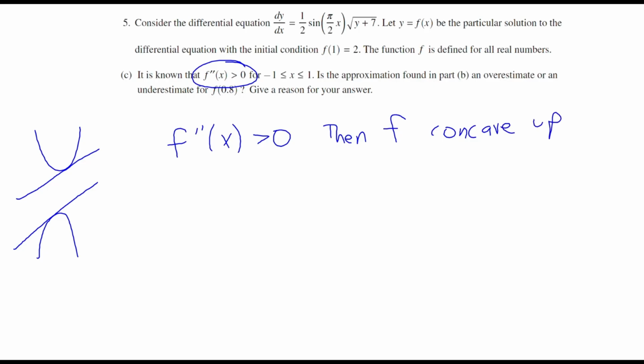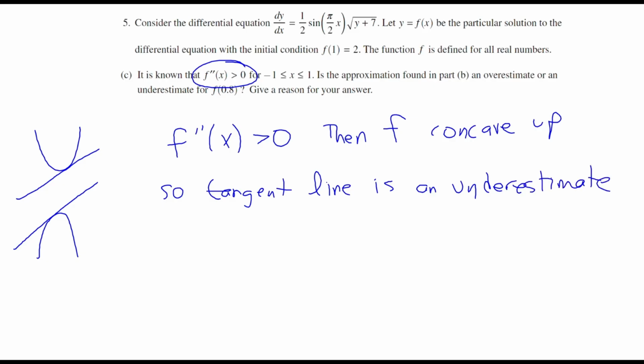And if f is concave up, then that means that the tangent line is an underestimate. And that would be sufficient for you to get the 1 point that you get for this part. So tangent line is an underestimate, and that would be good enough. And make sure you indicate that f double prime tells us that it's concave up.